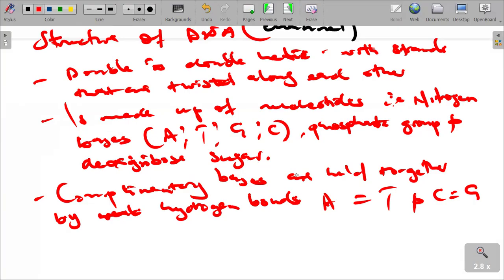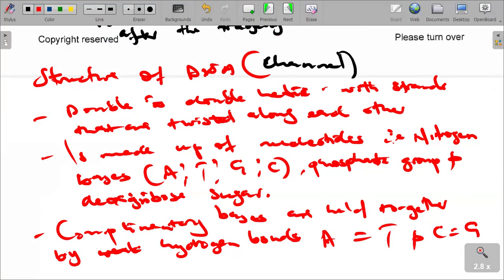The number of each base is equal to its pair, so A equals T and C equals G. This is the structure of DNA.